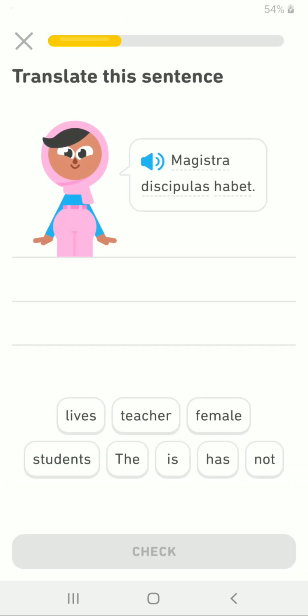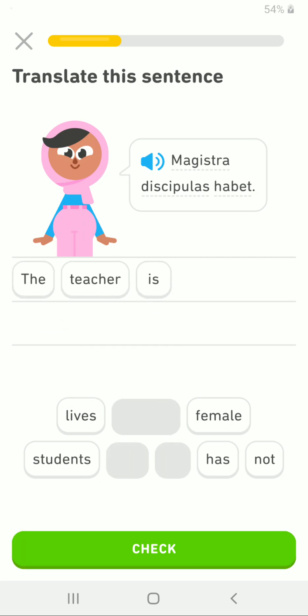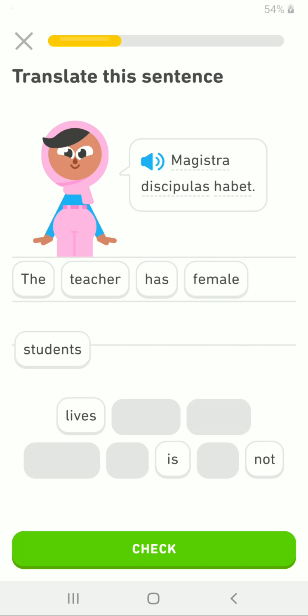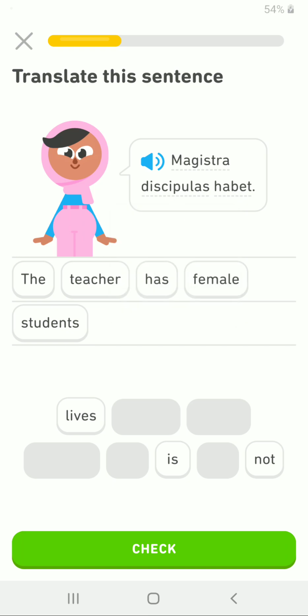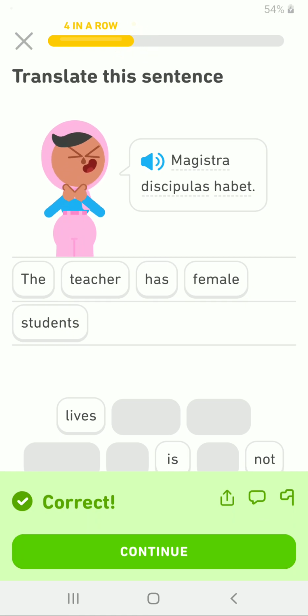Magistra discipulas habet. So the teacher, habet is have. Teacher has female students. Yes, discipulas, female students. Good.